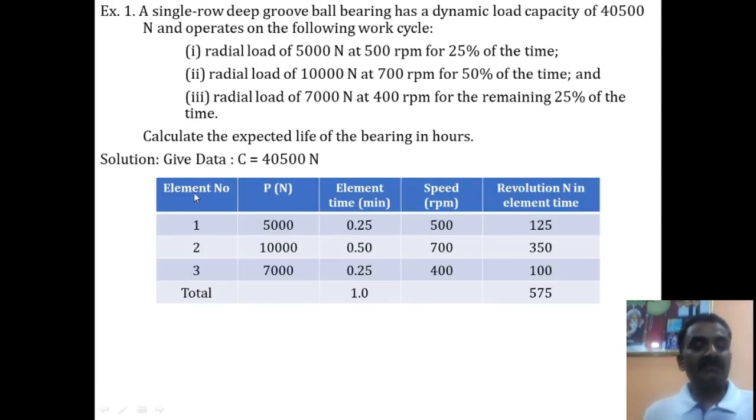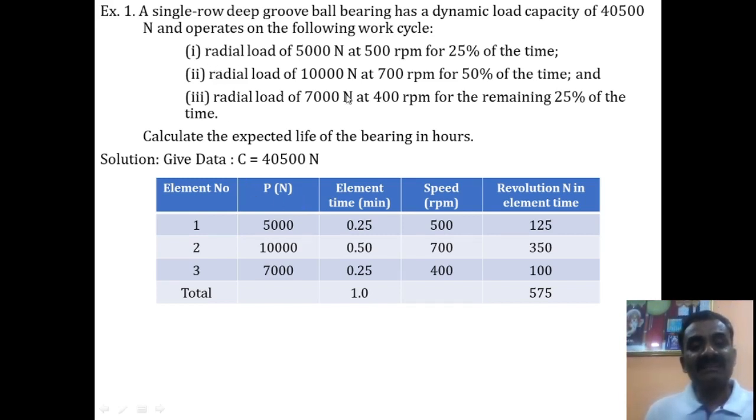So this is a simple way. The data given to us is C equal to 40,500 Newton. These are the element numbers, and these are the loads. Here P is written; P is nothing but the equivalent bearing load, and we know how to calculate it. P is equal to X FR plus Y FA, where X and Y are the factors, FR is the radial load and FA is the axial load.